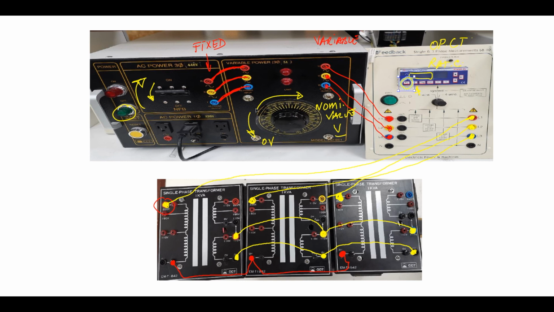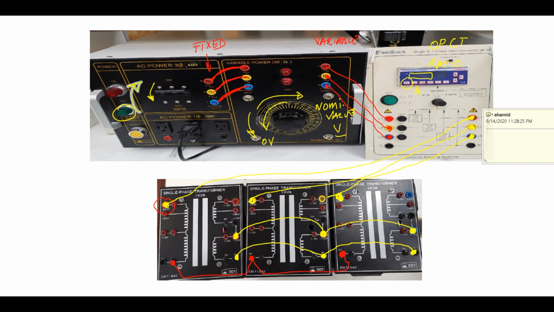And once it's done, we can switch off our transformer and turn this one back to 0 position. So those are basically the tests to be done in this lab. Okay, so it's clear, it's straightforward.